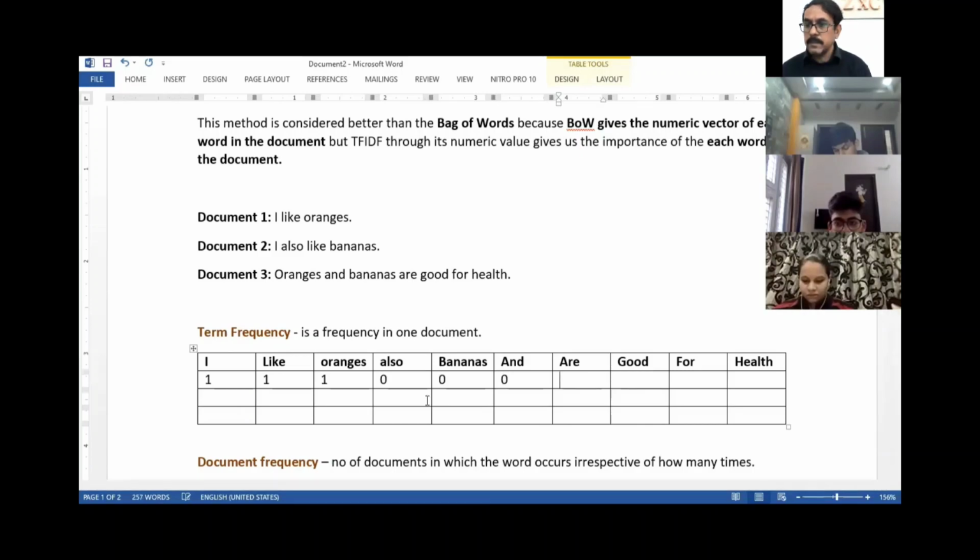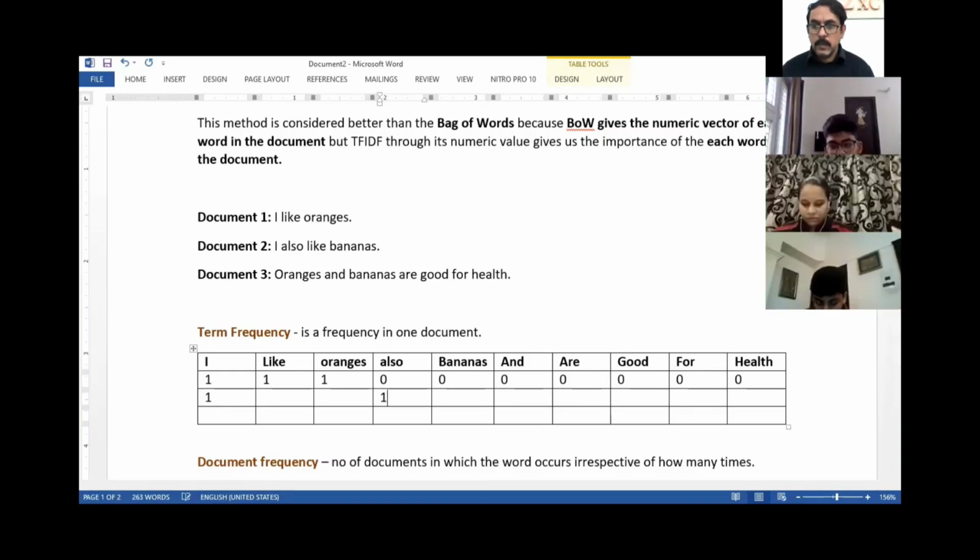In the first document I have only these 3 words, so I have given 1, 1, 1 to each and 0 to the rest. "I also like bananas": "I" is 1, "also" is 1, "like" is 1, and "bananas" is 1. The rest remaining are 0.